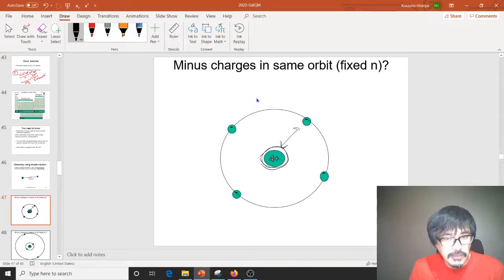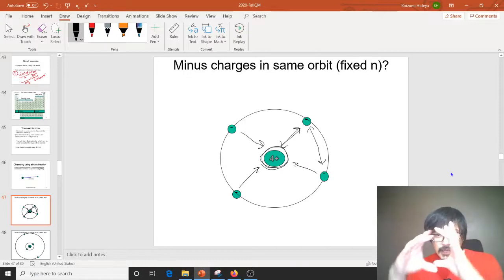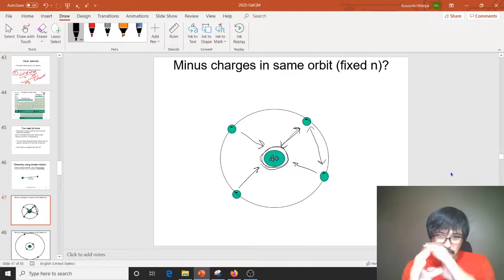So the attraction here is much bigger than the repulsive interactions between the negative charges here, right? So all of these guys get attracted to this one. So if you try to leave this system, what's going to happen is that they are going to probably stay close to a very small circular orbit.